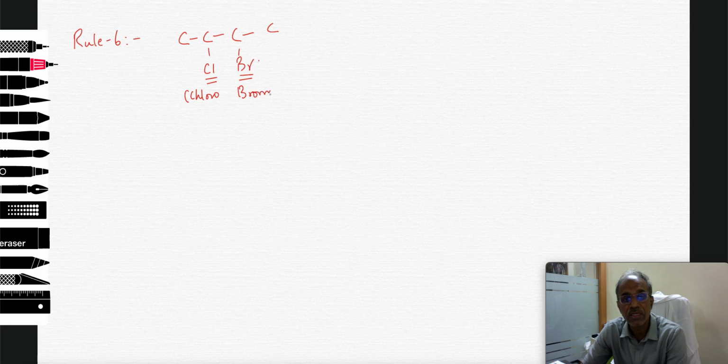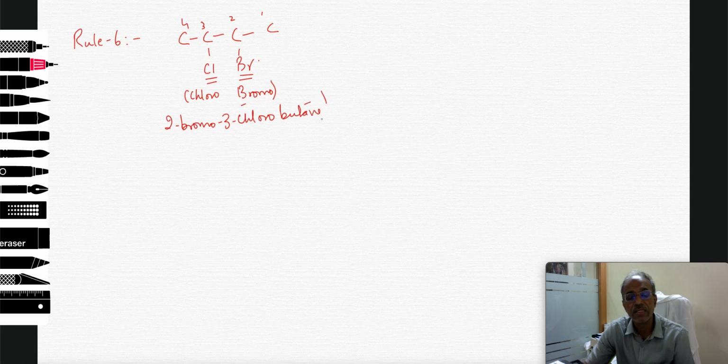Then the numbering has to be done from here because bromo comes first alphabetically and then comes chloro. So it will be 2-bromo-3-chlorobutane. These are the 6 rules pertaining to alkanes.